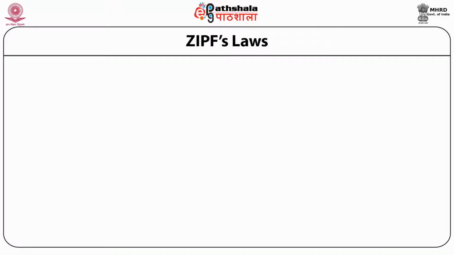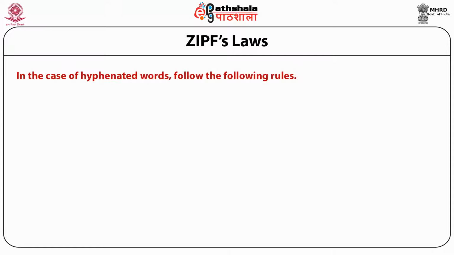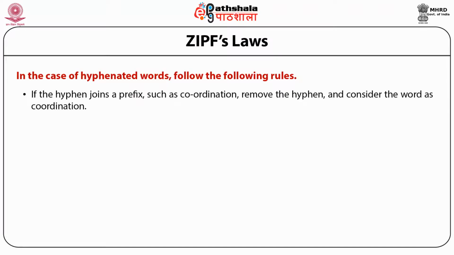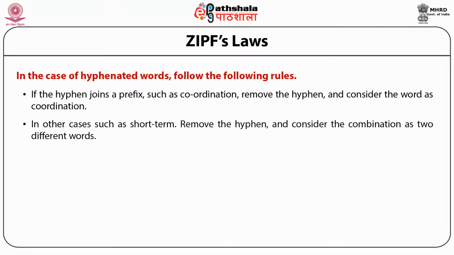Step 6. In the case of hyphenated words, follow the rules given below. If the hyphen joins a prefix such as co-ordination, remove the hyphen and consider the word as coordination. In the other cases such as short-tab, remove the hyphen and consider the combination as two different words.